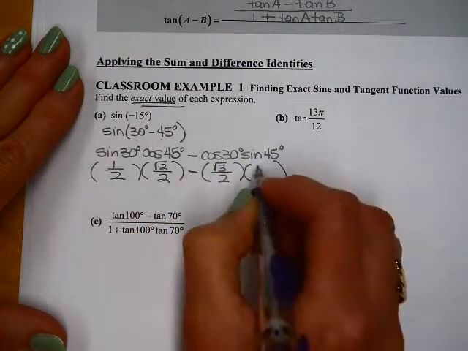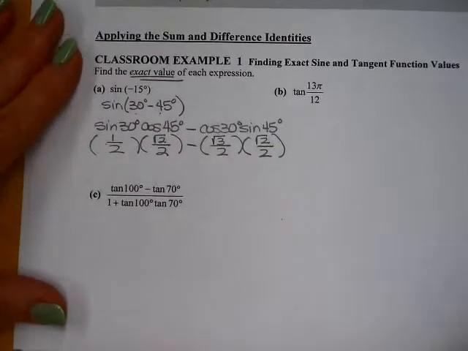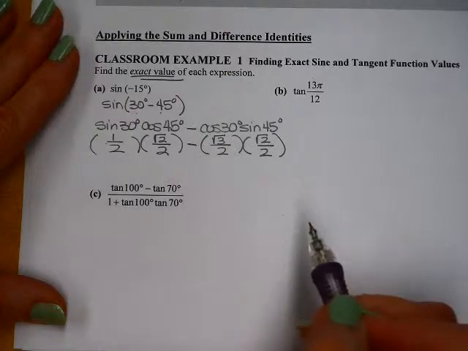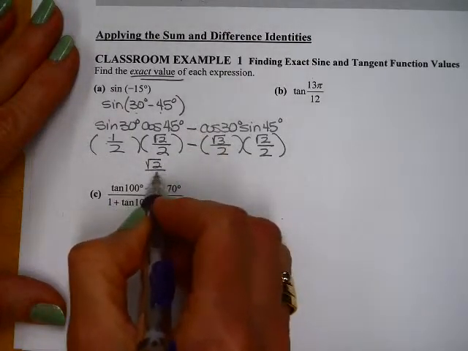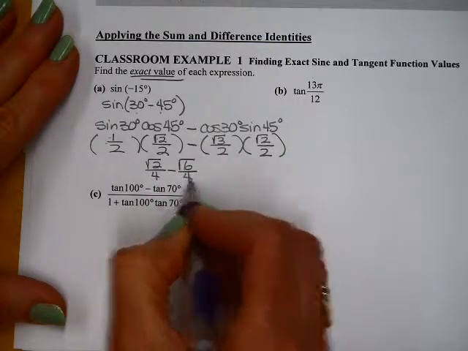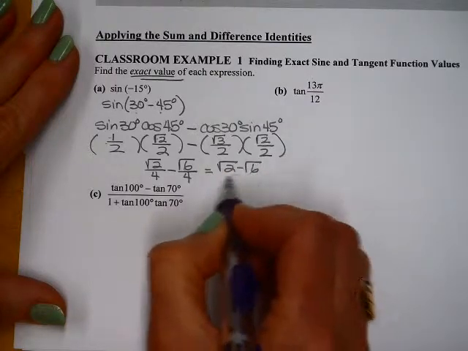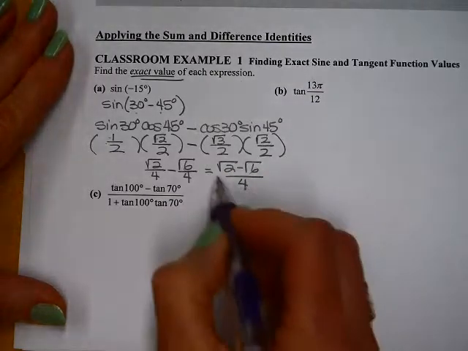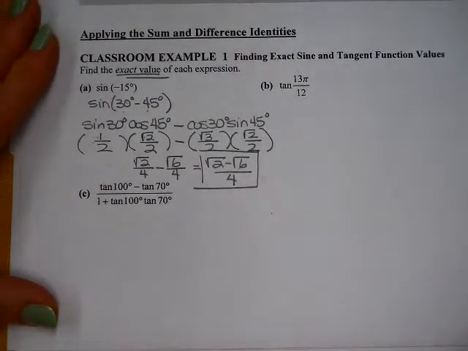The sine of 45 degrees, square root of 2 over 2. Again, it looks almost like those other problems. You have square root of 2 over 4 minus the square root of 6 over 4. Square root of 2 minus the square root of 6, over 4. Exact value.